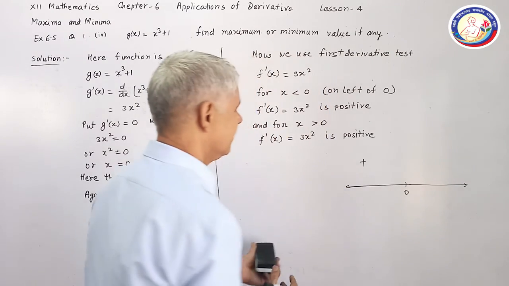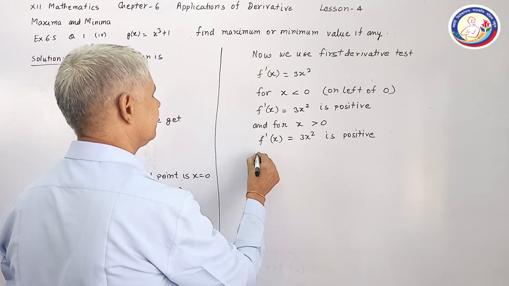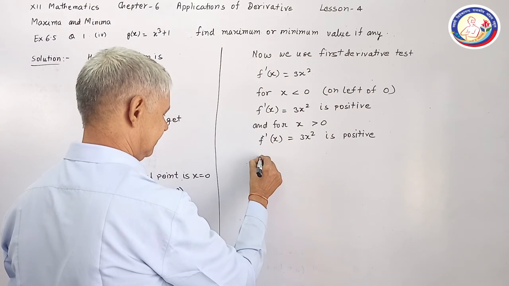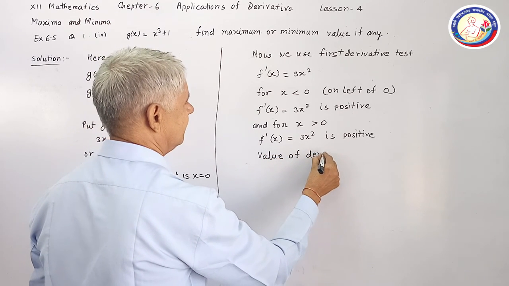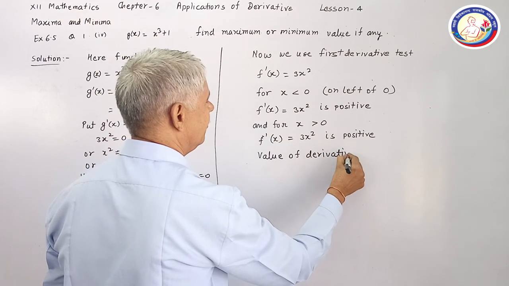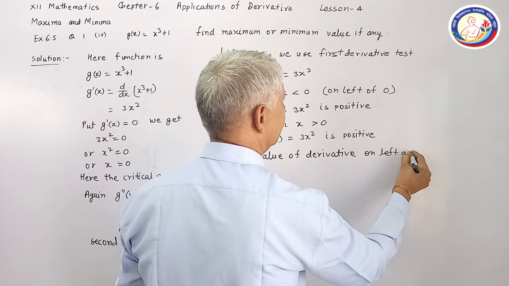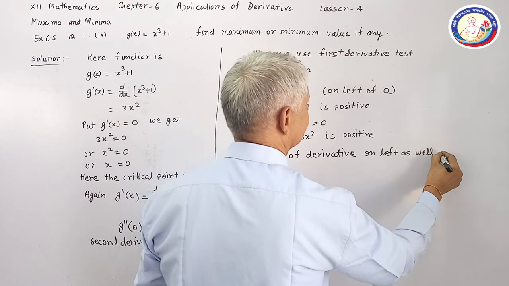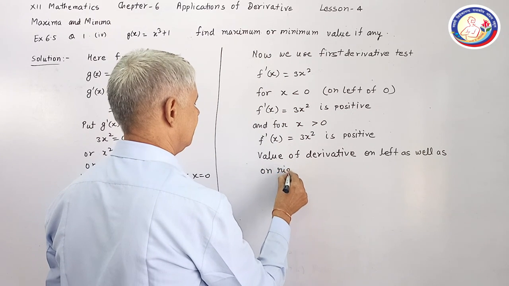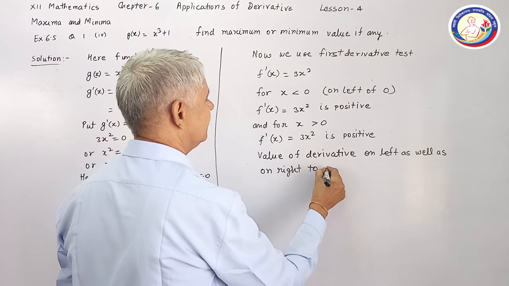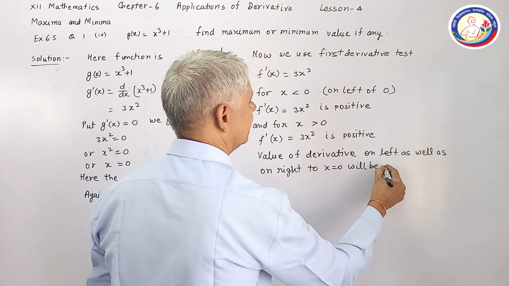It means the derivative doesn't change sign. Value of derivative on left as well as on right of x equal to 0 will be positive.